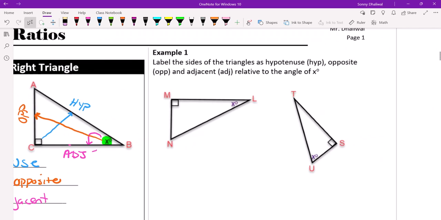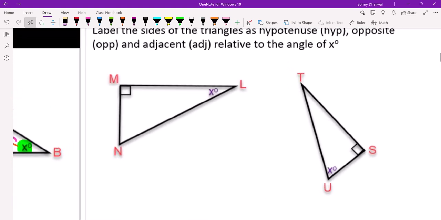Okay. So let's go over here. All right. So here is my angle X. Okay. Practice labeling. What side is your hypotenuse? So always start with your hypotenuse first. Is it LM, MN, or LN?